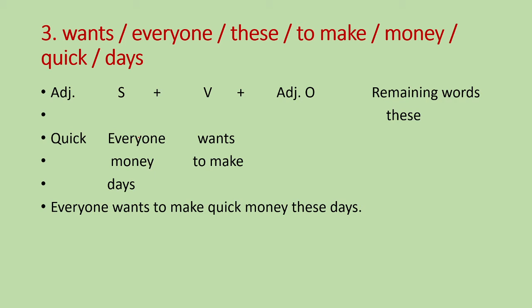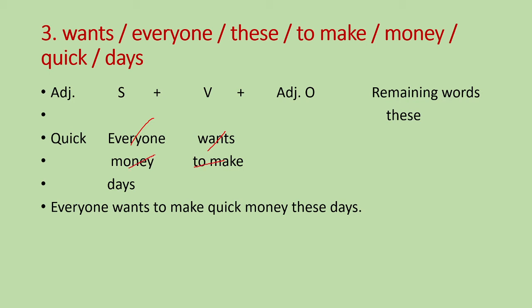So everyone, then verb, to make or want. Everyone to make is not making sense. So everyone wants, then to make. So everyone wants to make money.